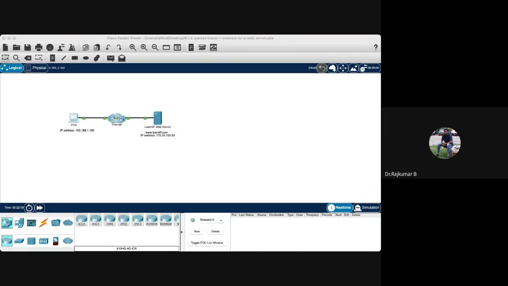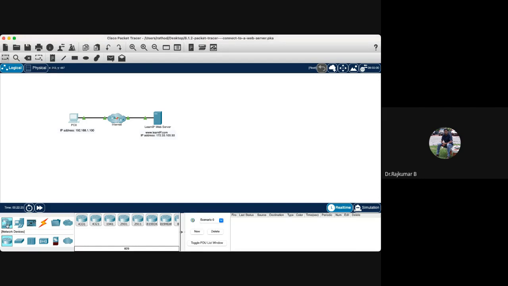Here you can see, to form any kind of network, what we require and what we need, you can just check it out here.